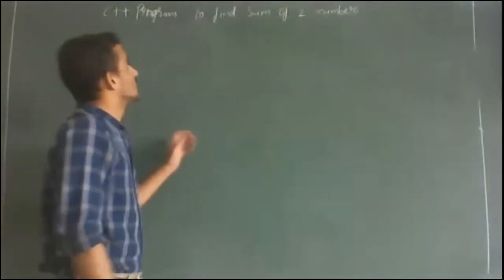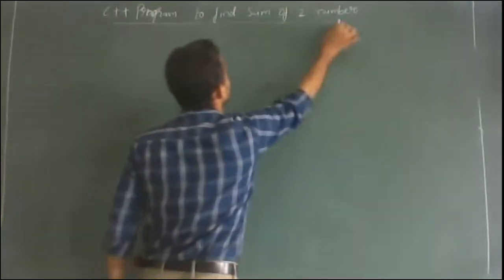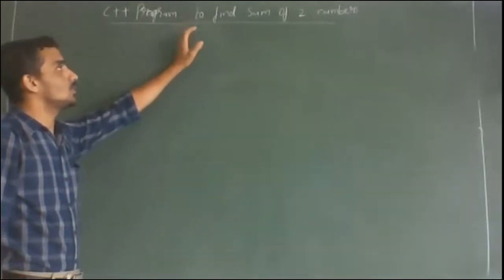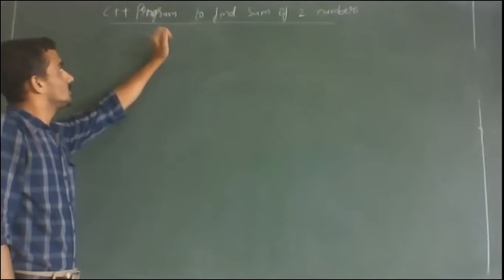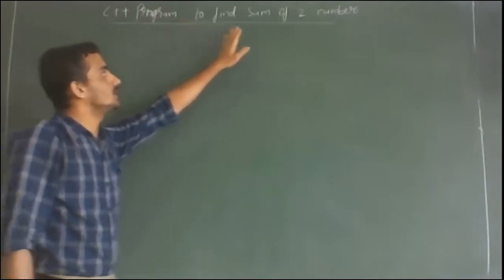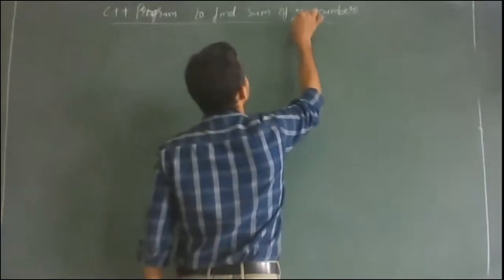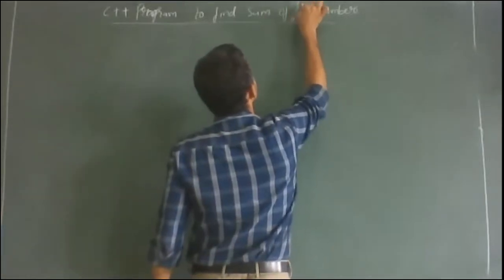In this heading, once you look at the question, you have to understand the question. C++ program to find the sum of two numbers, or we can say find the sum of given two numbers.